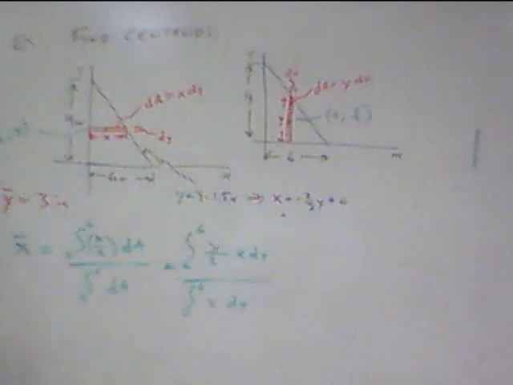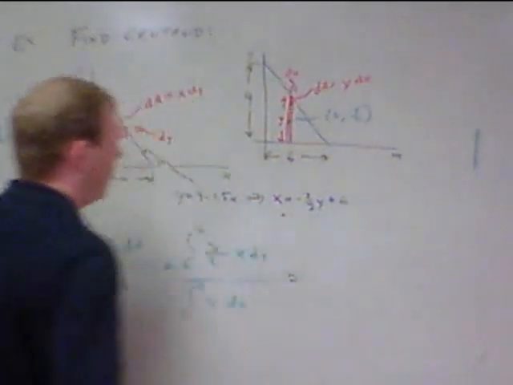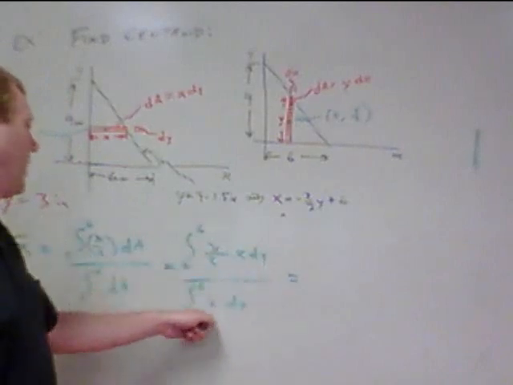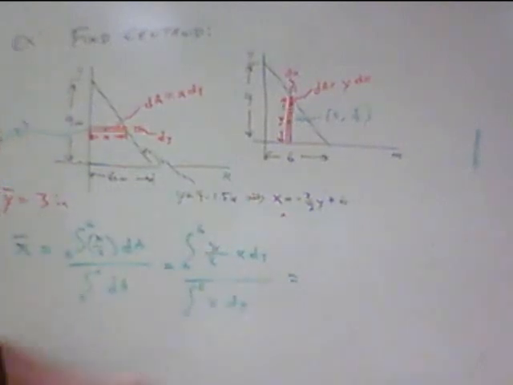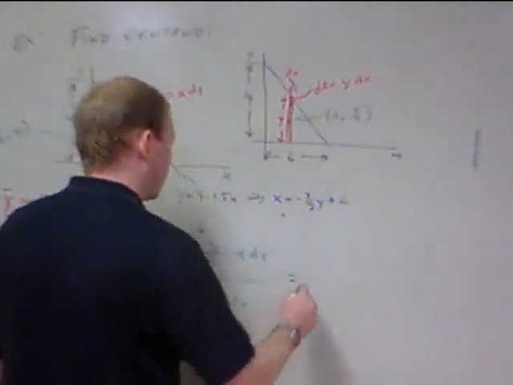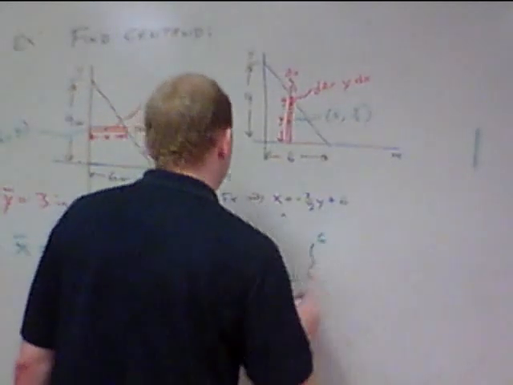So this turns into a big mess. Okay? We can't integrate x with respect to y here or here. What we need to do is substitute in again. So this will end up looking really ugly. 0 to 6.